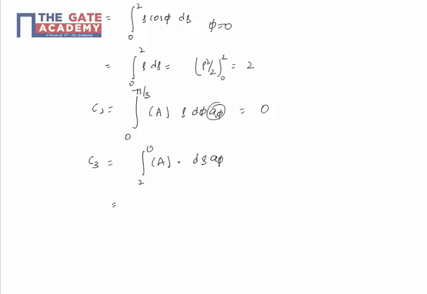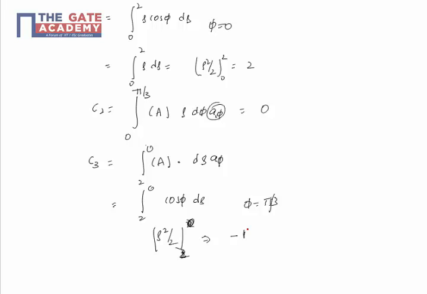If we take the value of A as rho cos phi, where phi is equal to pi by 3, cos pi by 3 is equal to 1 by 2. If we take it outside, it is 1 by 2 times rho square by 2, from 2 to 0. If you calculate, the value will become minus 1.